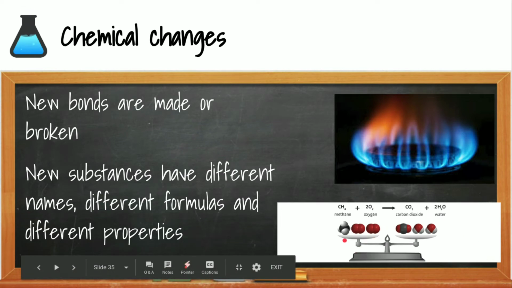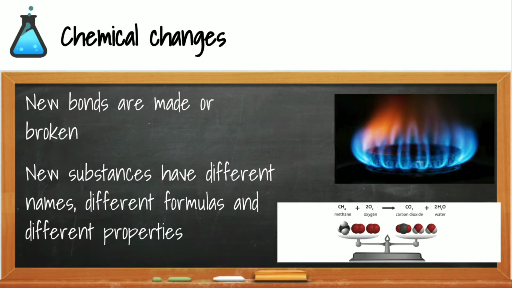So we can see that methane and oxygen have different bond structures than carbon dioxide and water. And we know that the properties are going to change. So when we burn methane, we're burning a substance, but in the end, we're creating water, a substance that actually puts out fire.